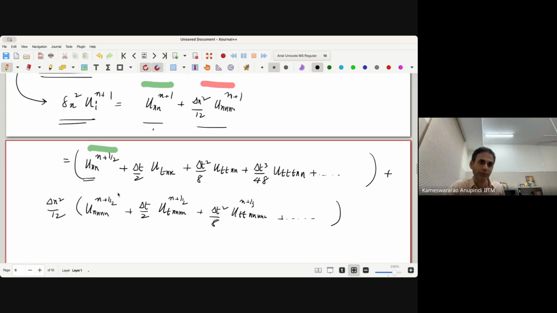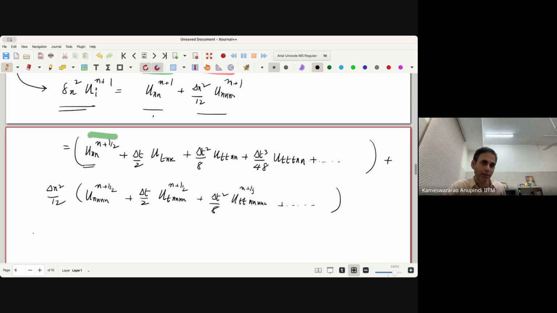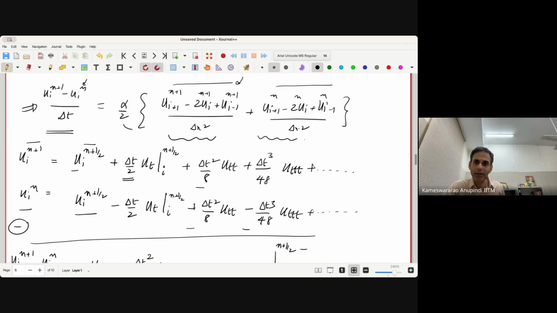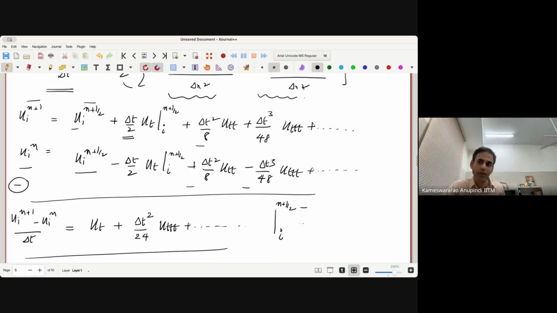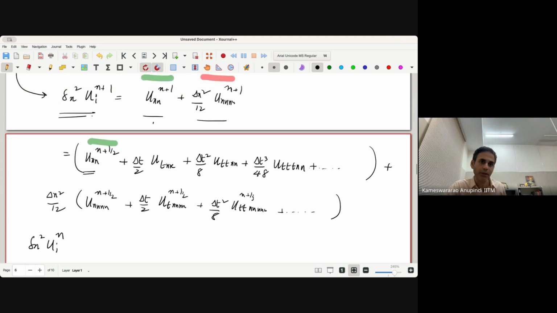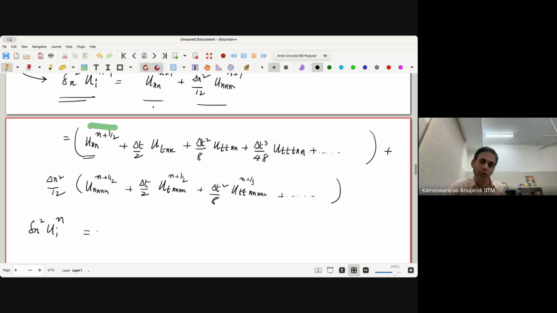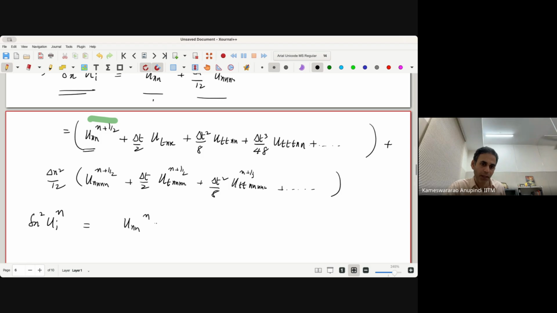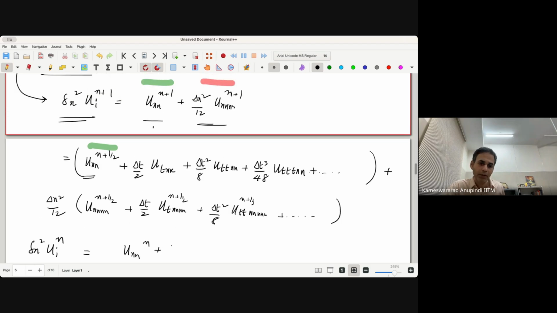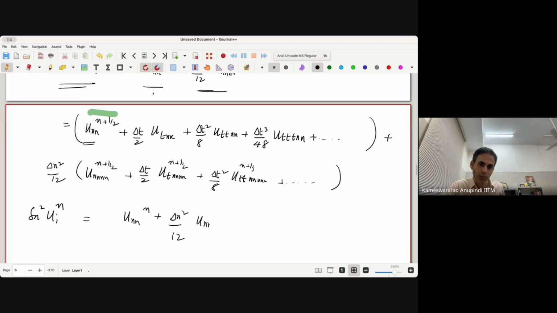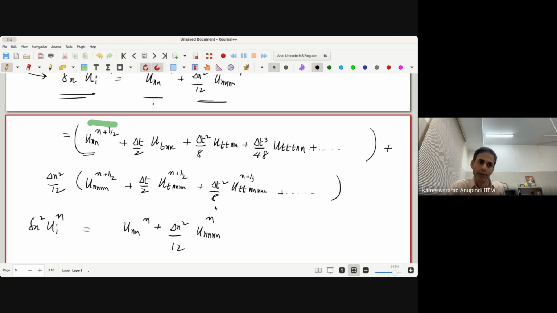That's what I have. Now let me also write, so what is the next term? The next term is exactly the same term evaluated at n, right? That means I'm going to write the other term as delta x squared u_i at n, just like I have at u_i n plus 1. So this is going to be u_xx at n plus, just like here, delta x squared by 12 u_4x at n.